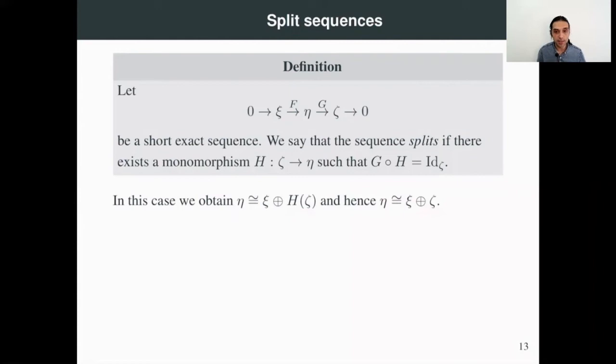So when a short exact sequence splits, essentially we are in the situation in which the central term of the short exact sequence is the direct sum of these two vector bundles, right?